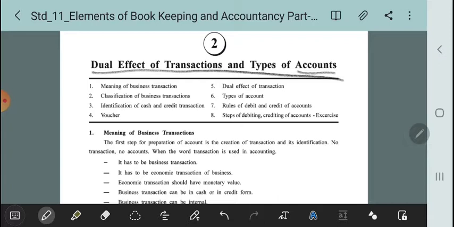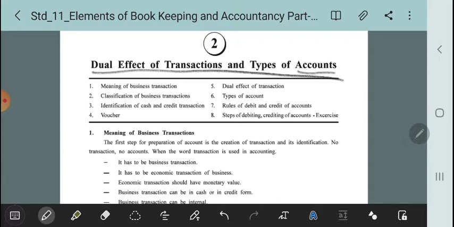In this chapter we will study about the two effects of a business transaction, and also the types of account which we are going to see in future, like real account, nominal account, and personal account.